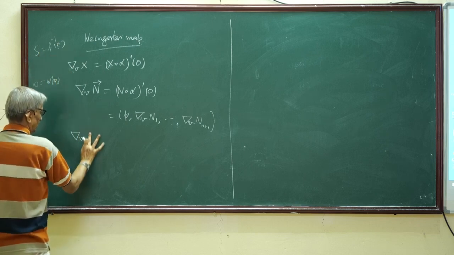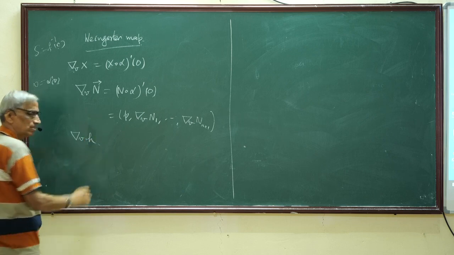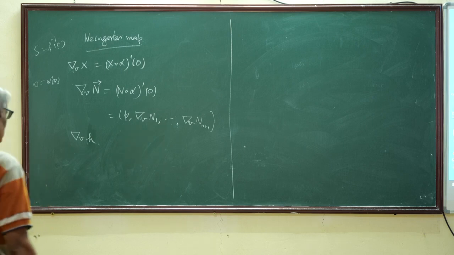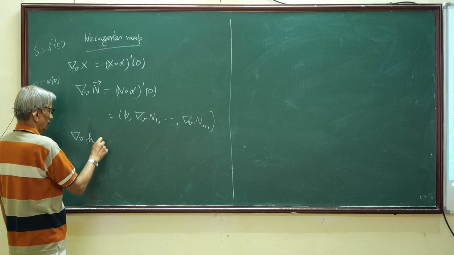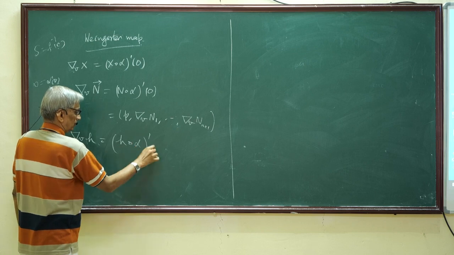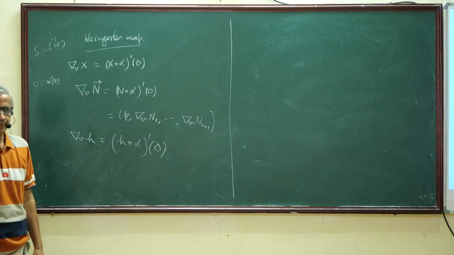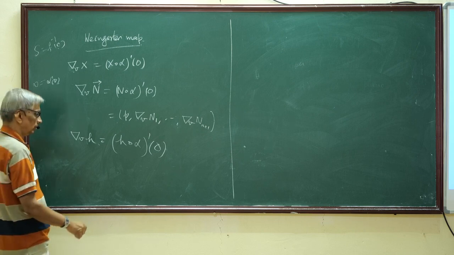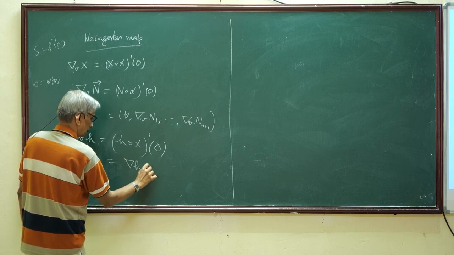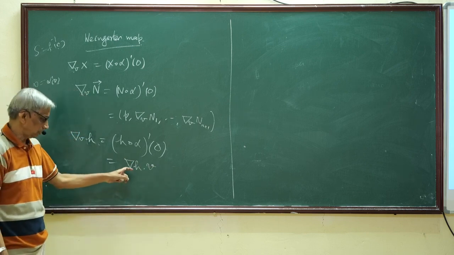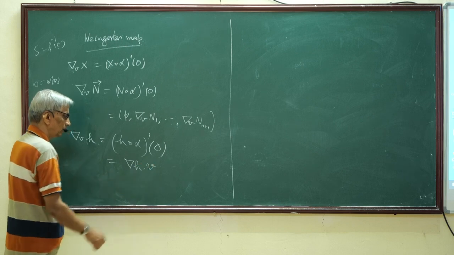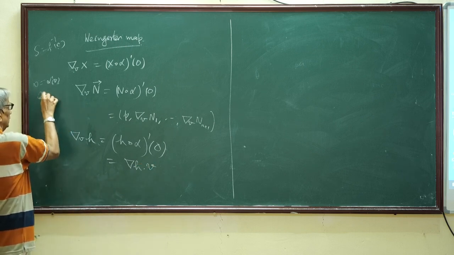So let's use some other letter there: H. This definition is quite the same. So this is, of course, going to be just the gradient at the point P. I am not writing the point P anywhere, so everything is at P. So this is N at P.